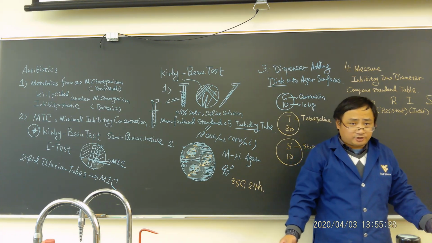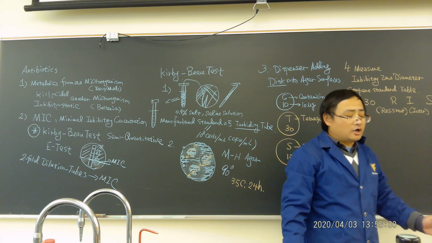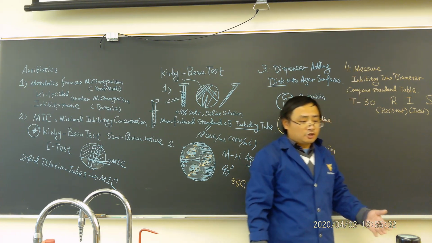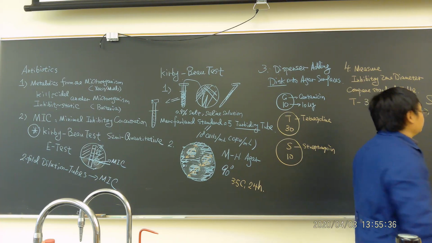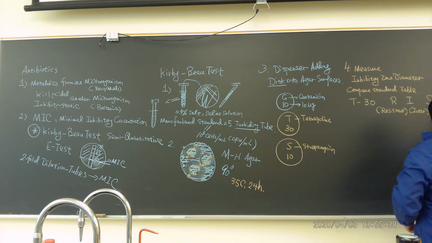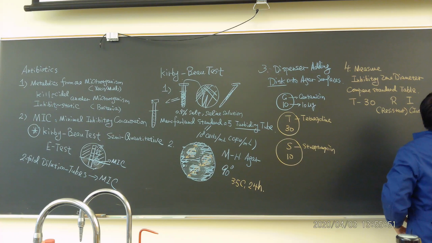Some people are allergic, or sensitive, to penicillin. You cannot use penicillin. At that moment, we say it's sensitive. So if we say sensitive, it means it's about humans to antibiotics. For bacteria, we call it susceptible.